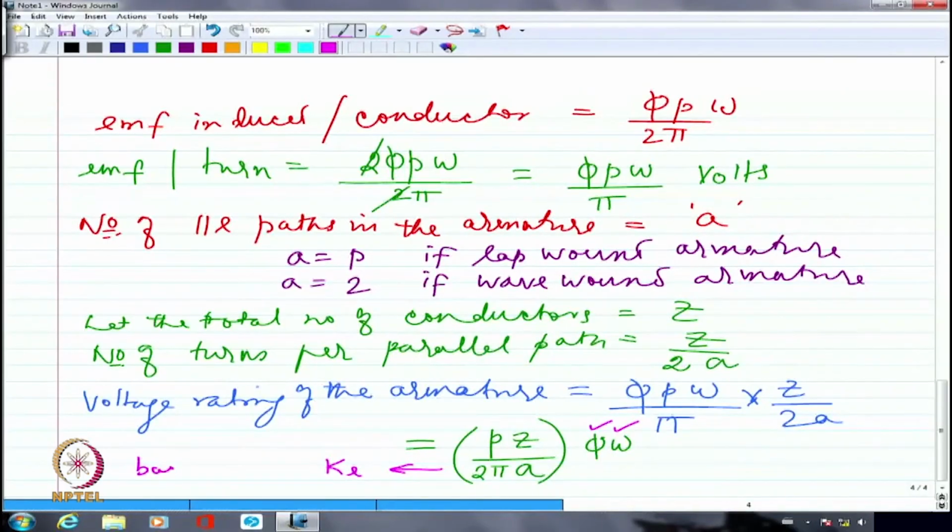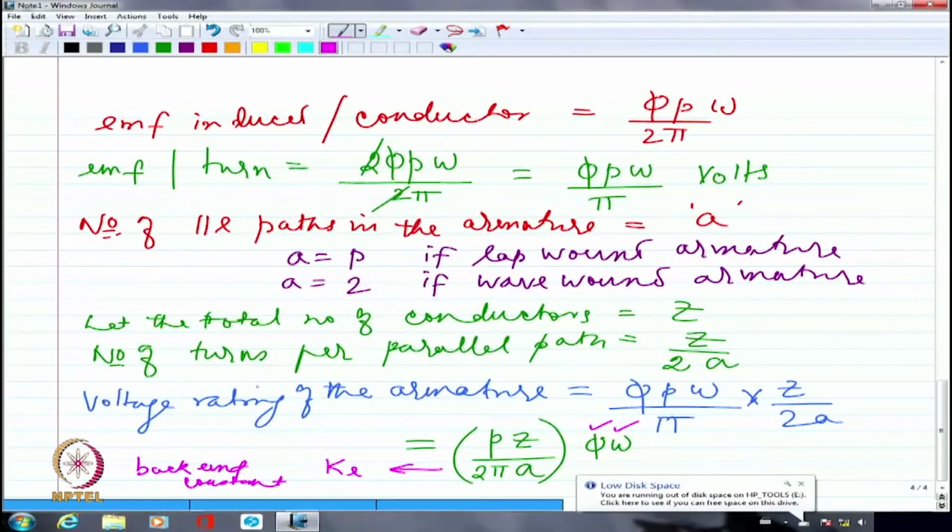We call this as EMF constant or back EMF constant. I'm so used to saying back EMF constant because in the case of motor, invariably we call this KE as back EMF constant. I can call it as EMF constant. That's fine. No problem. Because in a generator there is nothing like back EMF. So it is the EMF constant.